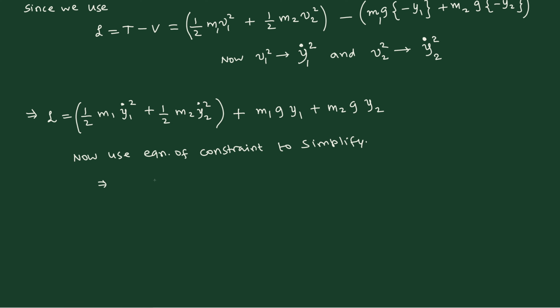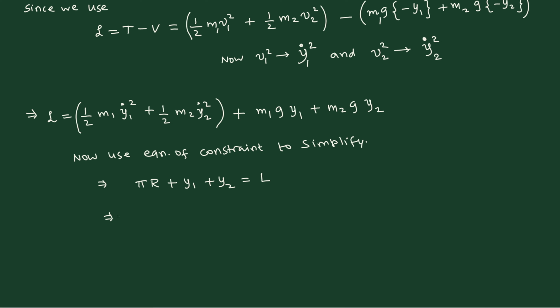So let us write down what is the equation of constraint. The equation of the constraint is pi times the radius of the pulley plus the length y1 plus the length y2. This all of them put together will be equal to the length L, and L is going to be a constant.